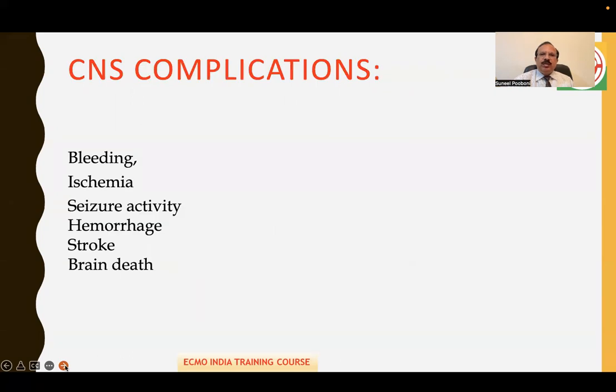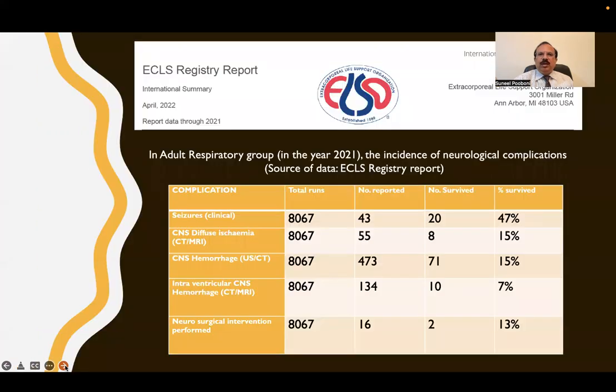Some of the CNS complications are bleeding, ischemia, seizure activity, hemorrhage, stroke, and brain death. The ELSO registry data of April 2022 in the adult respiratory group shows the incidence of various parameters such as clinical seizures, CNS diffuse ischemia, CNS hemorrhage diagnosed by ultrasound or CT, and intraventricular CNS hemorrhage diagnosed by CT or MRI.